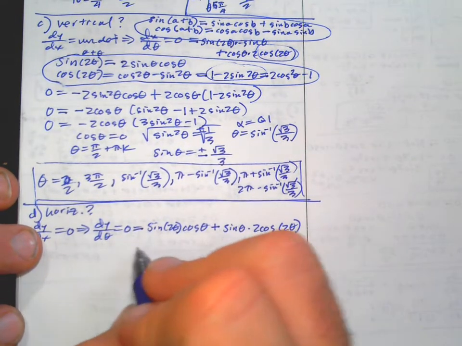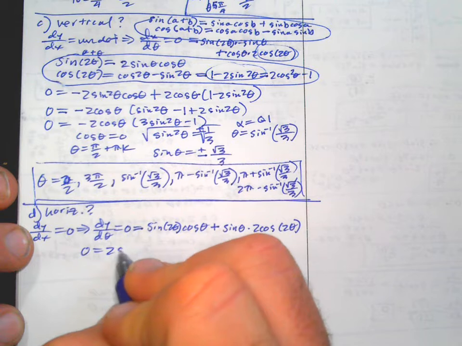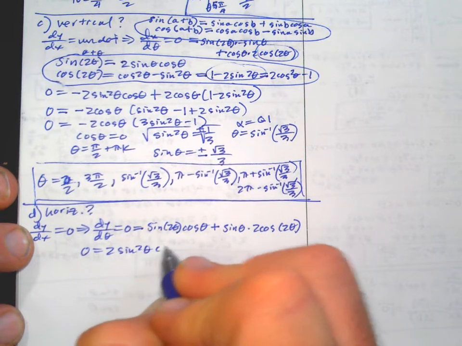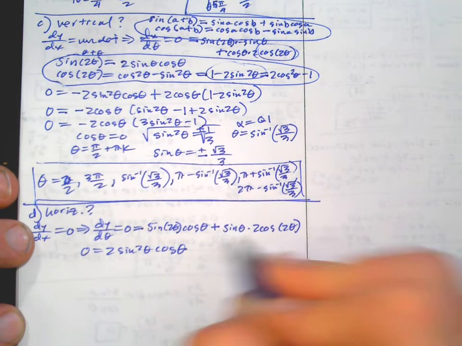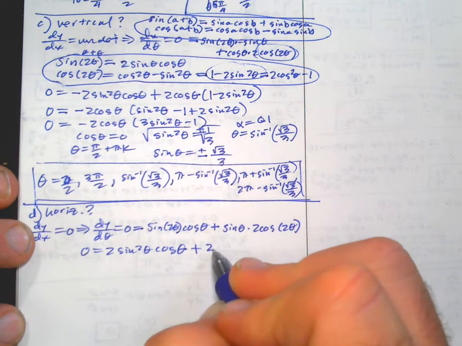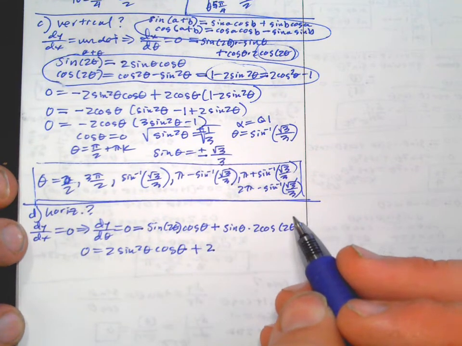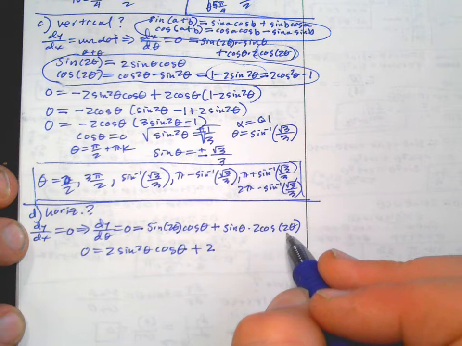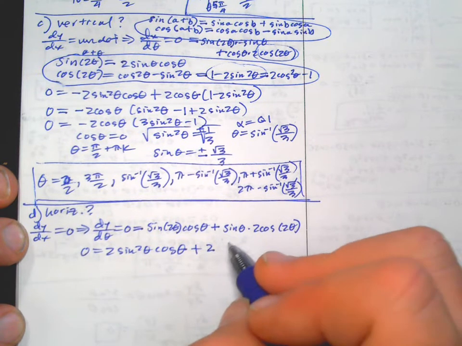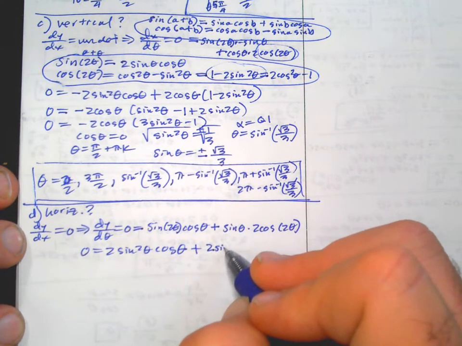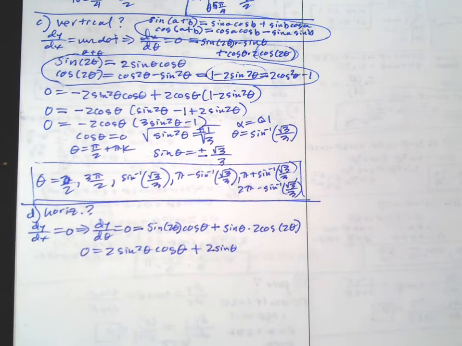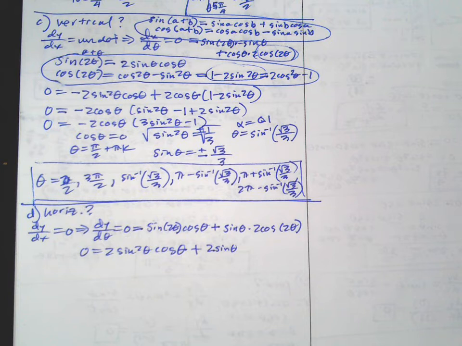So we're going to get 2 sine squared theta cosine squared theta. And here you're going to have a 2 sine, and replace the cosine 2 theta with one of those other ones. I don't know which one we're going to go with here.